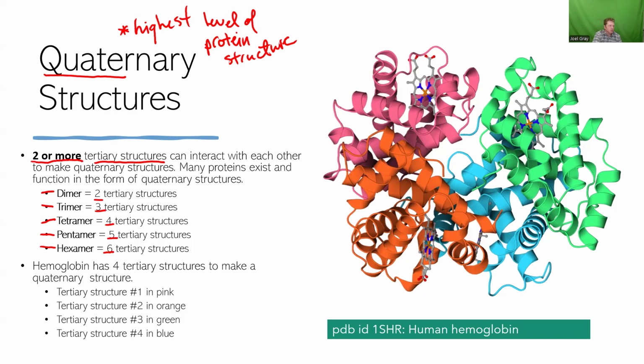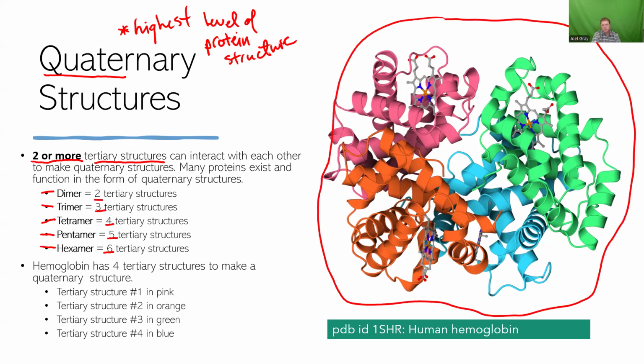Now, a great example of this is seen right here. This is hemoglobin. Hemoglobin is so important that you need to have functional hemoglobin in order to be able to breathe and run and walk and basically exist. This is a tetramer. It is four different polypeptides that have folded and then come together to make something bigger than themselves.